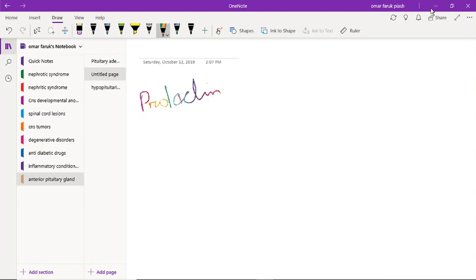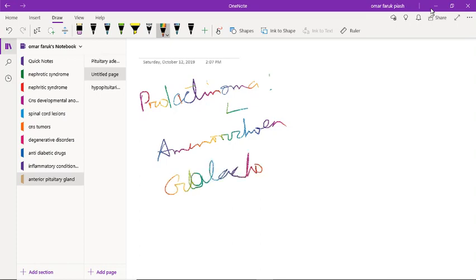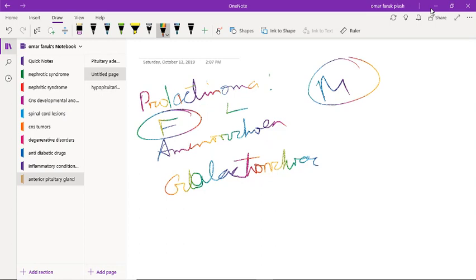It is a tumor which secretes prolactin, and it presents in women as amenorrhea and galactorrhea, and in men as decreased libido and headache.